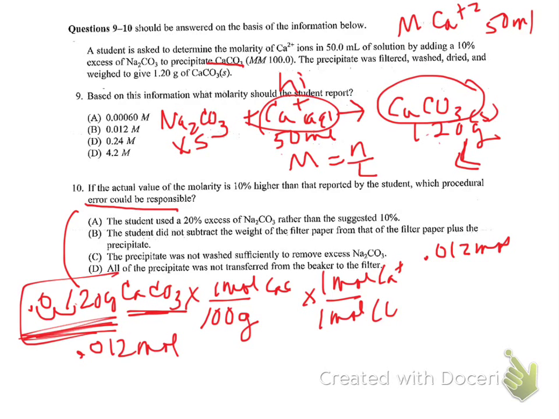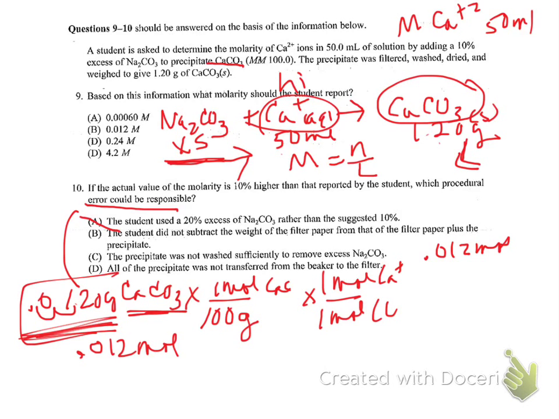A says a student used a 20% excess of sodium carbonate rather than the suggested 10% excess. As long as there's excess, it shouldn't matter whether it's 20% or 10%. In fact, if it's 20% instead of 10%, it's just going to cause that reaction to go further to completion. So this is not going to cause me to make less calcium carbonate.